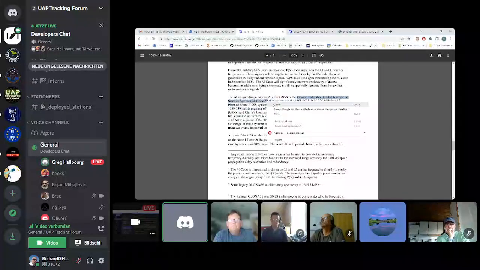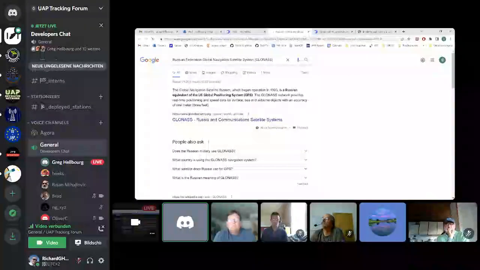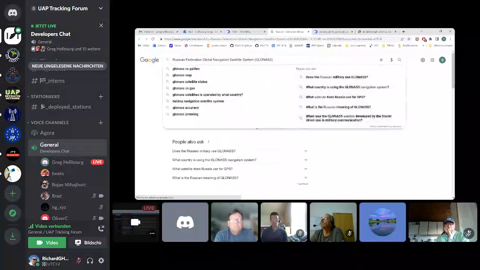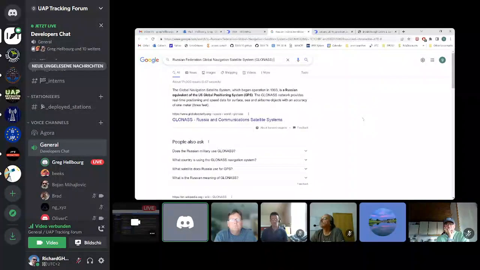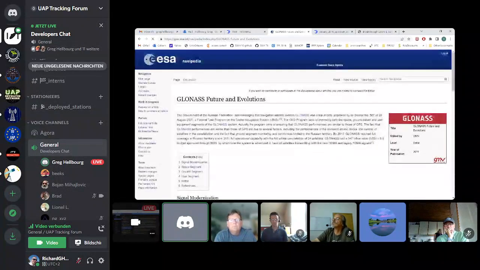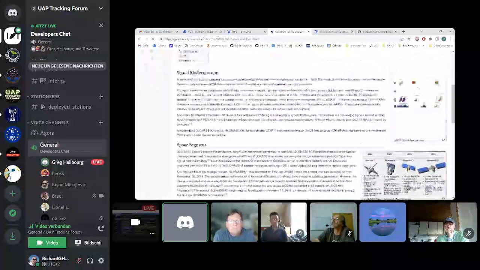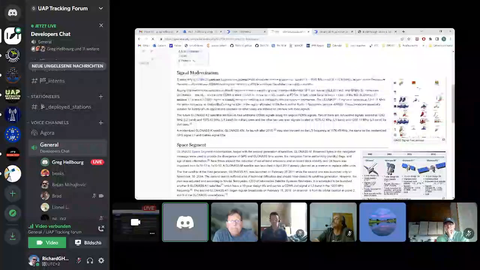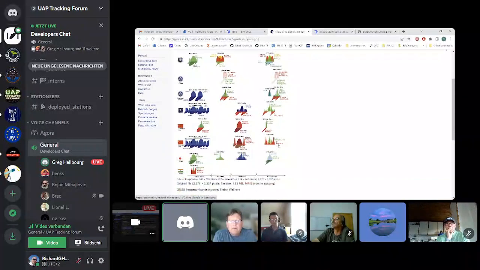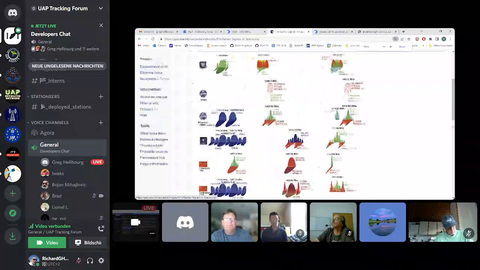You look at GLONASS, for instance. If it's GLONASS, you add signal plan, which usually leads you to a website that describes more accurately what kind of signal these are transmitting. Perfect.